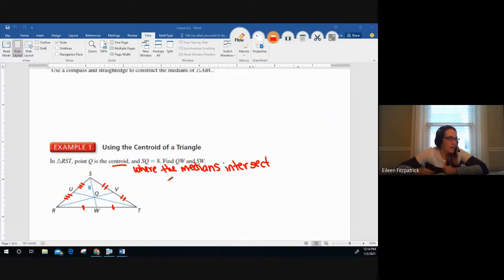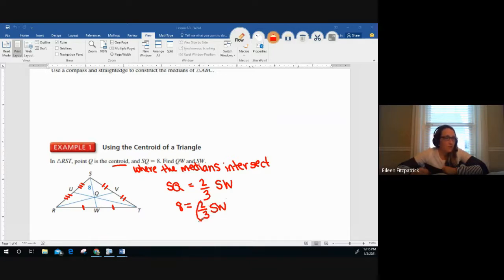The theorem tells us that SQ, from the vertex to the centroid, is equal to 2/3 of the entire median, which is SW. So I'll say that again. From the vertex to the centroid, SQ, is equal to 2/3 of the entire length of the median. So you can set up this equation, fill in what you know. SQ is 8, so now I have 8 is equal to 2/3 of SW.